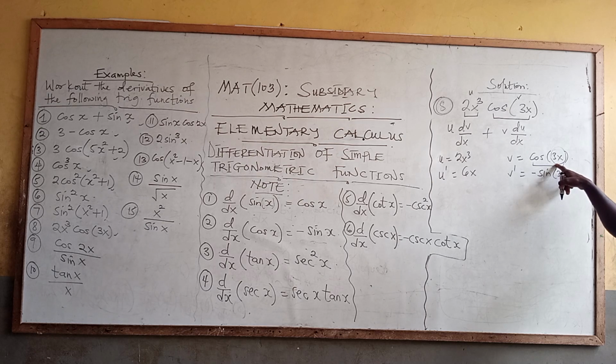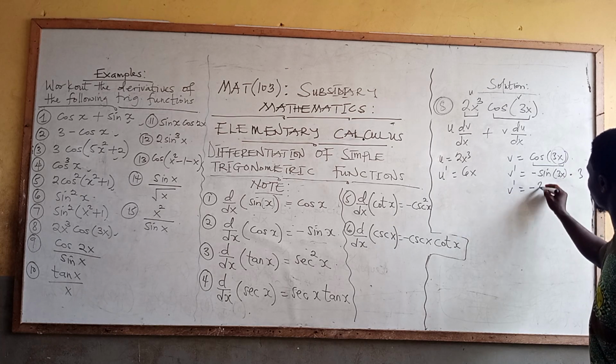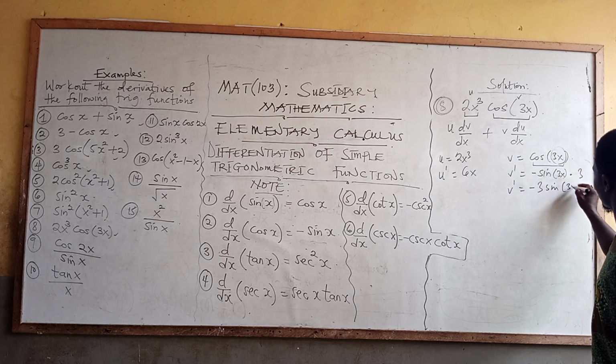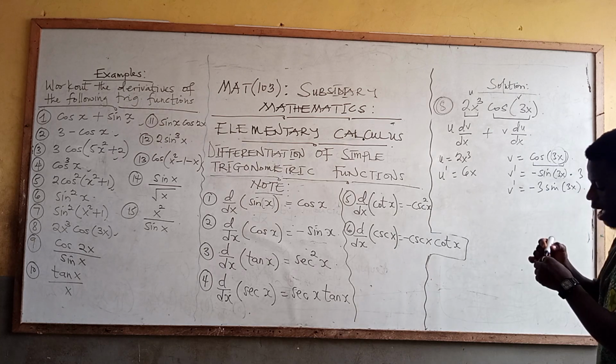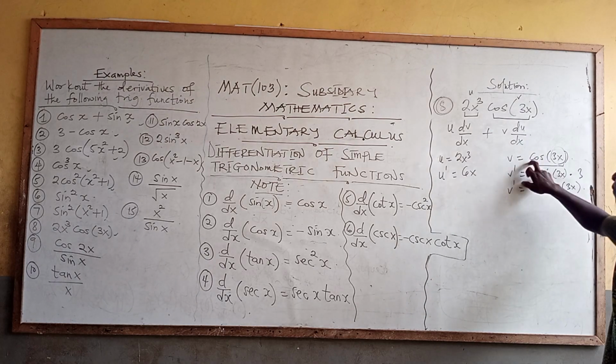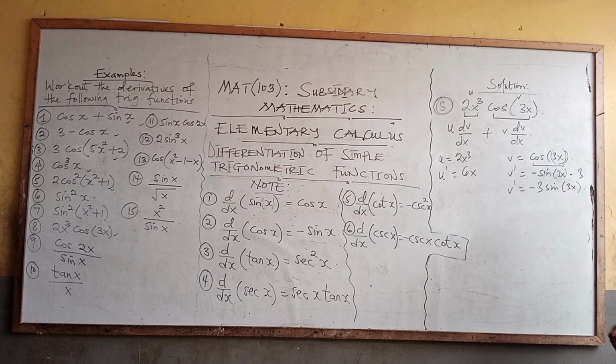When you differentiate 3x, you get 3. So our v prime should be equal to negative 3 sine 3x. So we have this, right? So now we have our u, our v, our u prime, and our v prime. We can substitute.